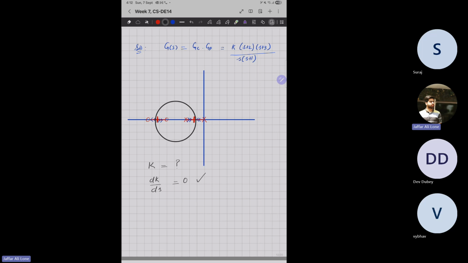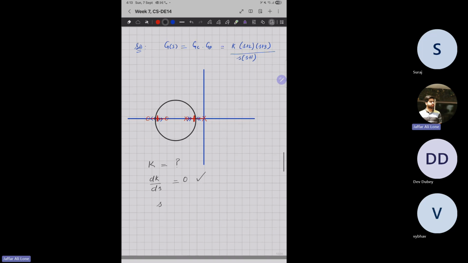So dK over dS, putting that to 0, you'll get the values of s, one will be the break-in point, the other will be the breakaway point. Valid or not, you will have to see that. So when you get the valid break-in and breakaway points, from that you can easily calculate the center of the circle, and also the radius of the circle.